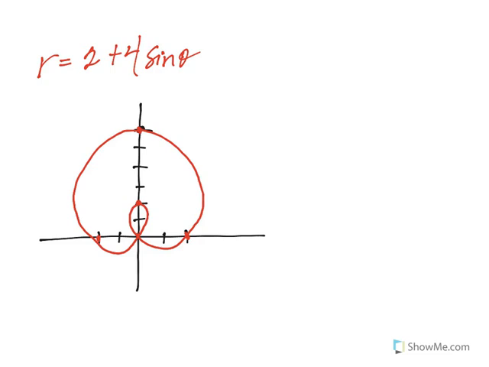Like that. Cardioid pointing upward, positive y-axis. The point is 6 units out, the inner loop is 2, conjugate axis is 2 each way.